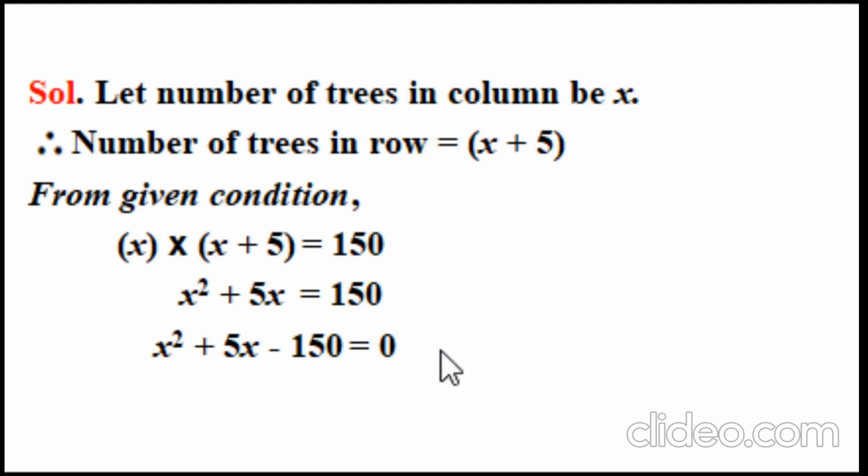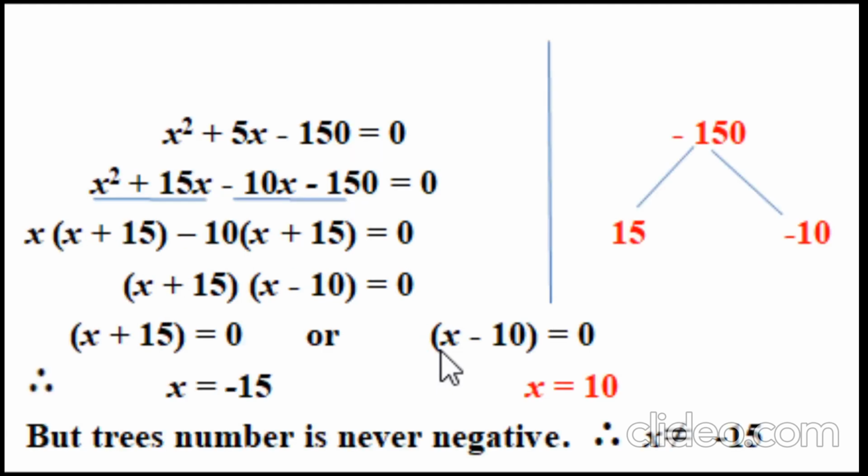This is the quadratic equation we have got, and we need to solve it by the factorization method. We need two factors whose product is minus 150 and whose sum is plus 5. So the factors are 15 and minus 10. Replacing 5x by plus 15x minus 10x and taking common, x plus 15 remains.